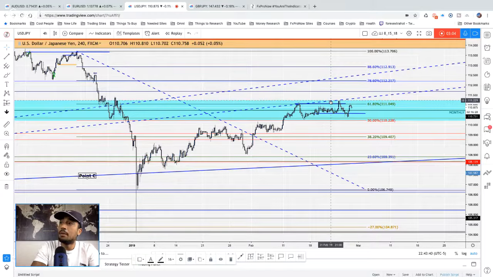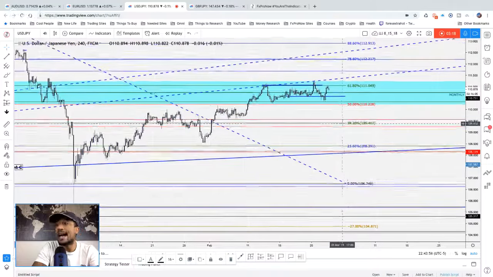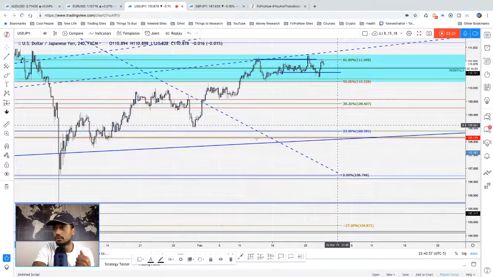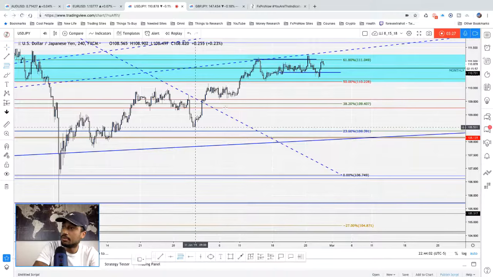And I'm almost sure that this is a continuation of a weekly's move to that 114 area. So I'm looking for this level of resistance to be broken, and for the continuation. But at the same time, this could have a retrace in between that continuation to the 114. So we've got to play defense while playing offense.